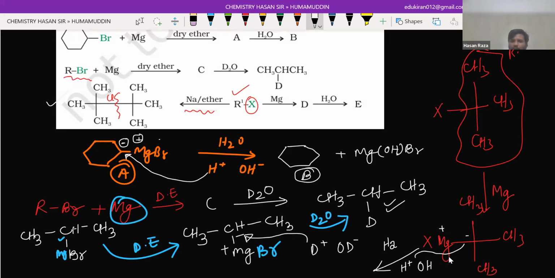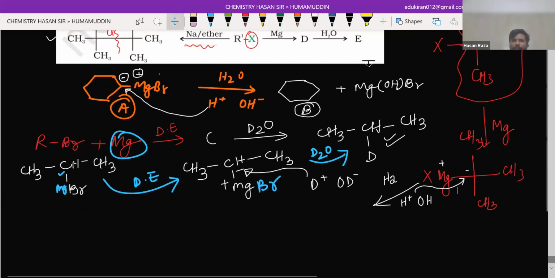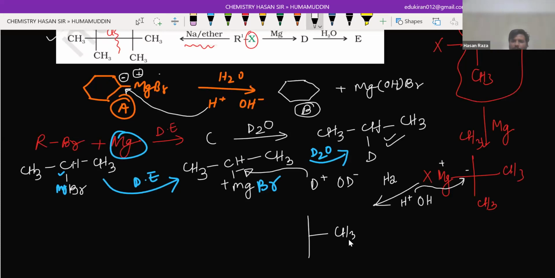So it will directly go to this and you will get like this. The structure will be like this, CH3, and then CH3 is here, and then CH3 is here. So it's something like CH3, CH3, and CH3, 2-methyl propane. Please do write.